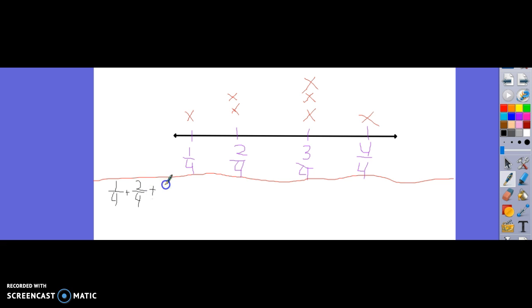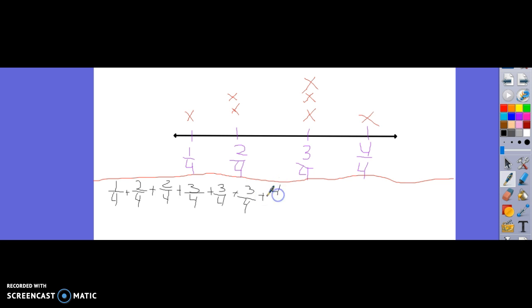So you do 1/4 plus 2/4 plus 2/4 plus how many 3/4? 3 of them. So 3/4 plus 3/4 plus 3/4. And how many 4/4 do you have? 1.